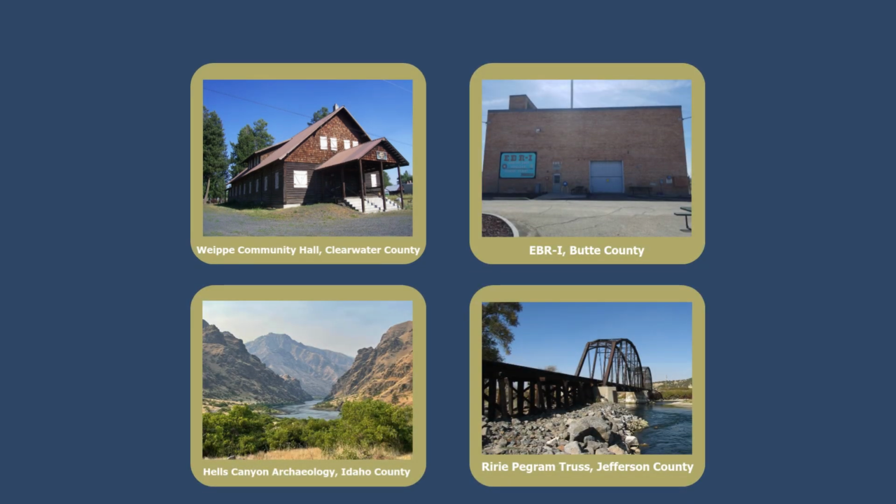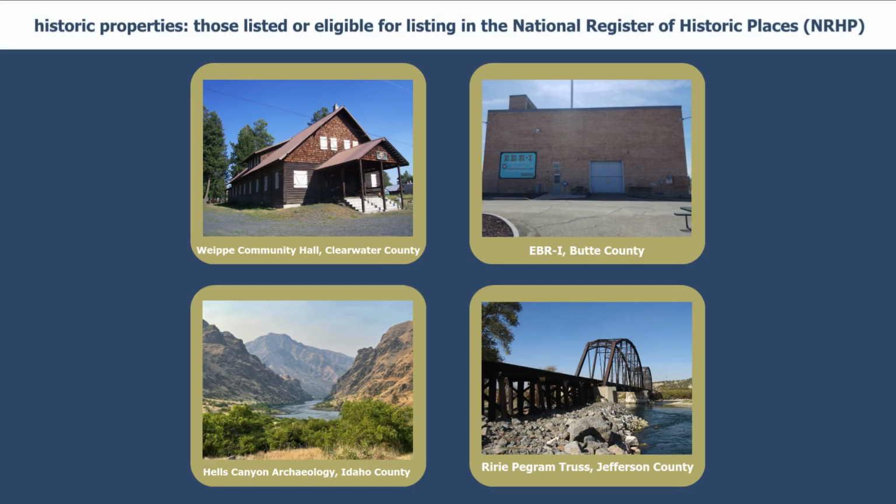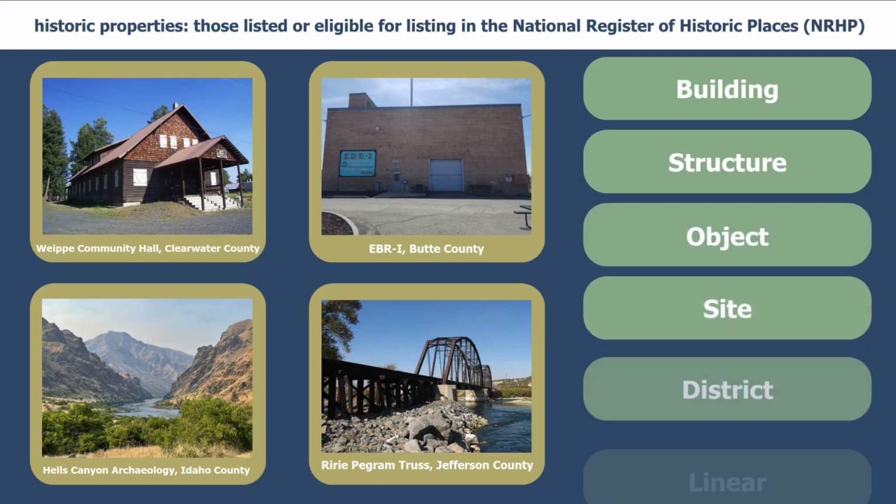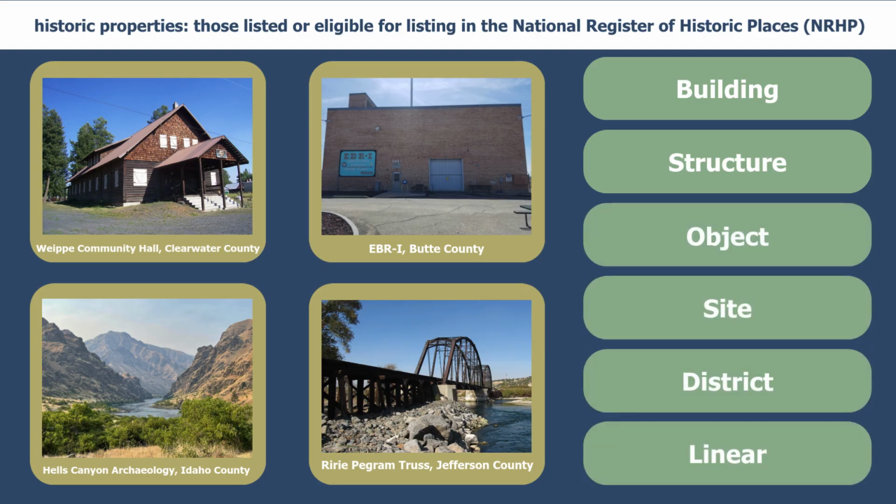Historic properties are those that are listed in or eligible for listing in the National Register of Historic Places, or NRHP. Properties might be buildings, structures, objects, sites and archaeological sites, districts, and linear resources like railroads.